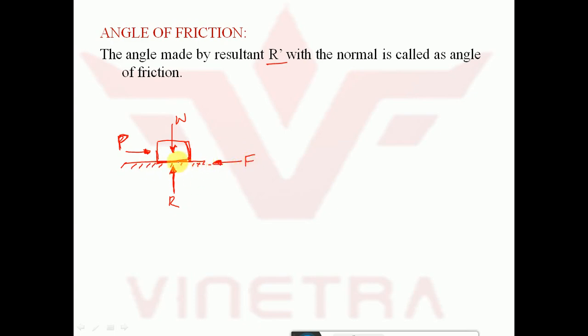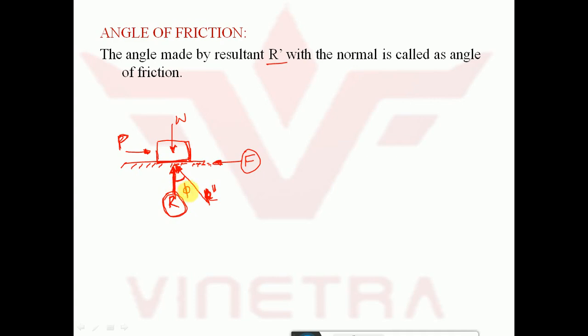If I extend the line of this frictional force here, and instead of these two forces, I draw a resultant R dash. This is the resultant force R dash developed because of the normal reaction and the frictional force, and this resultant makes an angle phi with this normal.